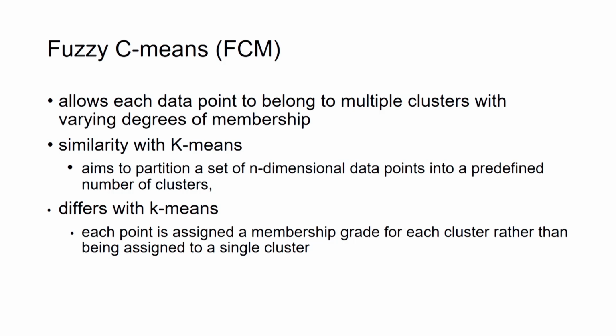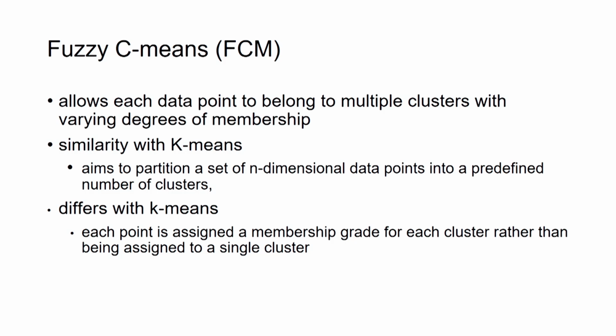Here it aims to partition a set of n dimensional data points into a predefined number of clusters. So, we can say that in both of these algorithms, or any clustering algorithms that we have seen so far, the whole data set is divided into a predefined number of clusters, and the same thing is done in fuzzy C-means clustering also.